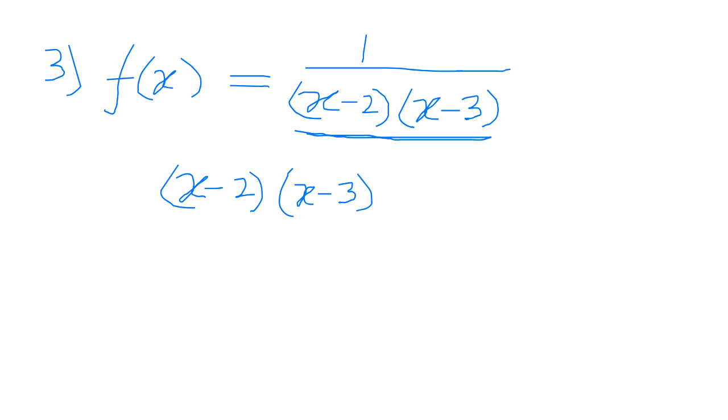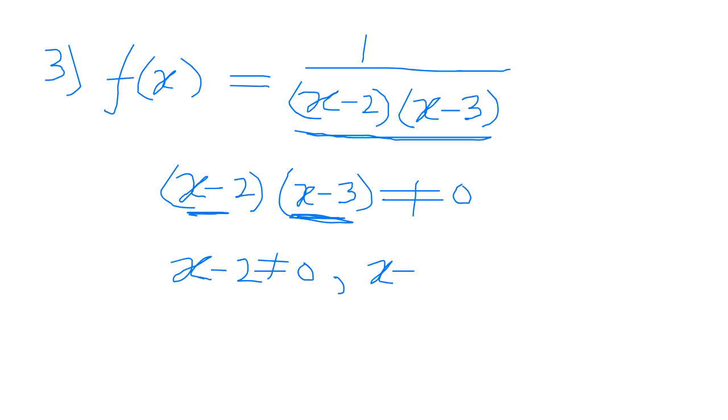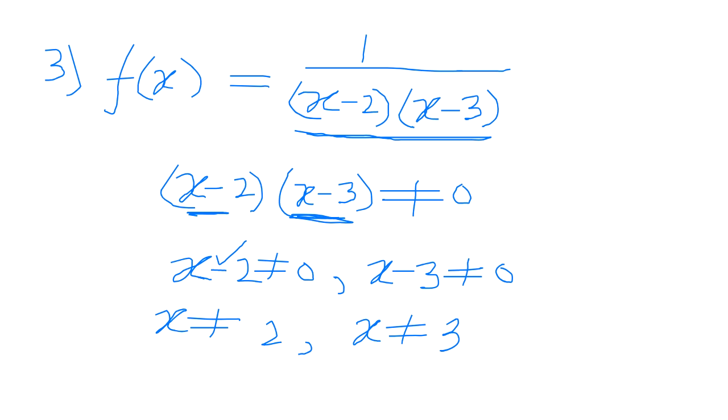If a fraction is present, this is the rule. So from here, x minus 2 is not equal to 0, and from here, x minus 3 is not equal to 0. Moving the minus 2 to the right gives x is not equal to 2, and x is not equal to 3. So the domain is all real numbers except 2 and 3.